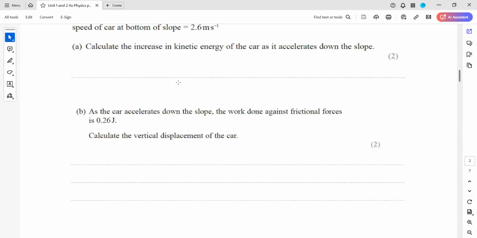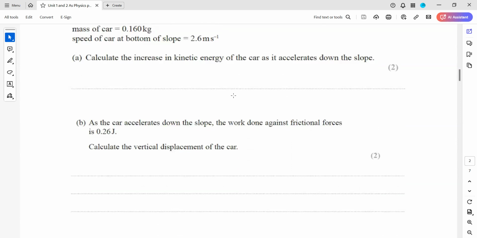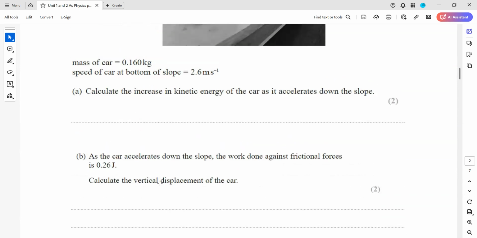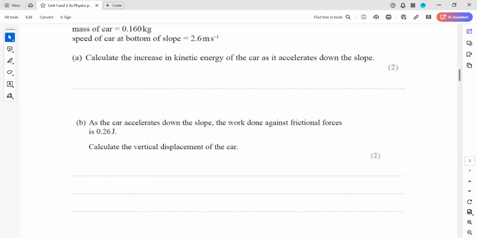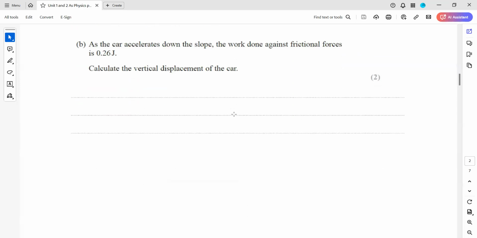As the car accelerates down the slope, the work done against the friction is 0.26. Calculate the vertical displacement of the car. So as the car accelerates down, we need the height from which it is being released.